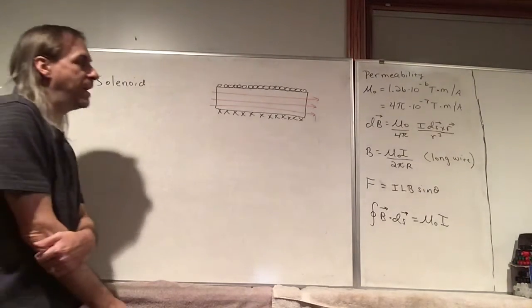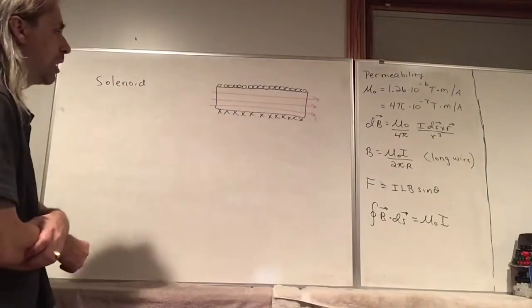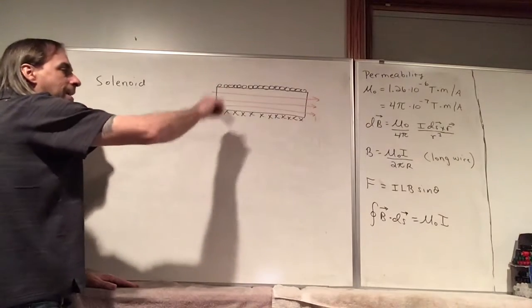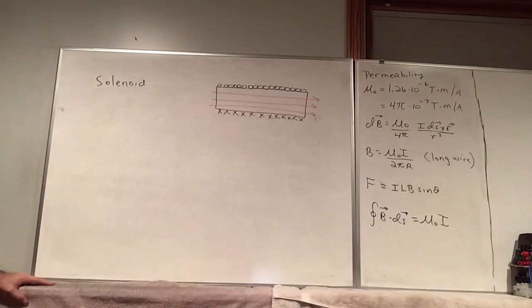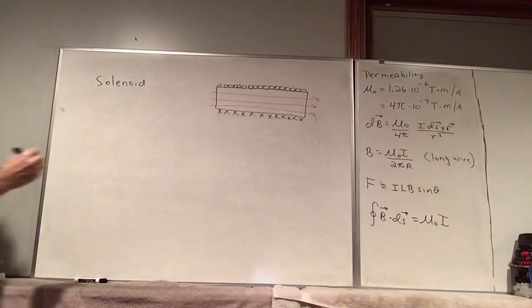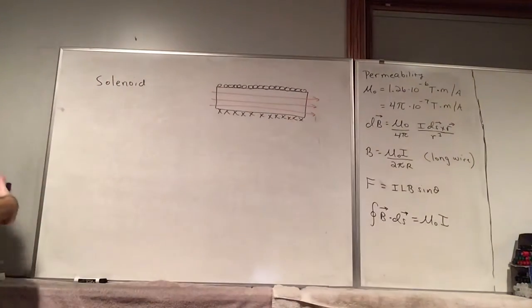We could solve this using the Biot-Savart law, where our wire is this helix shape, but that would be very difficult to do. We're actually going to solve this using Ampere's law, so we're going to draw a couple of Amperian loops. The magnetic field lines are parallel to the axis of the solenoid.